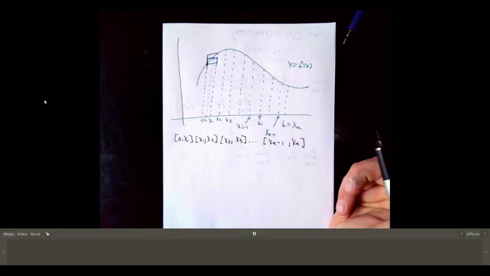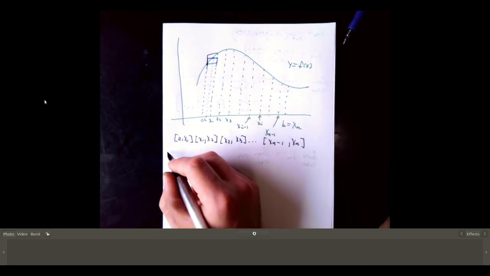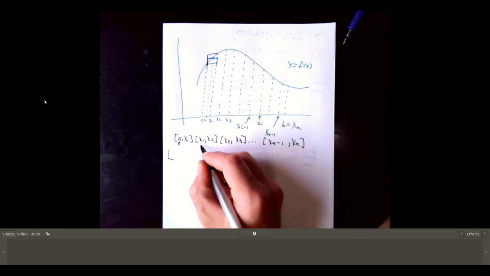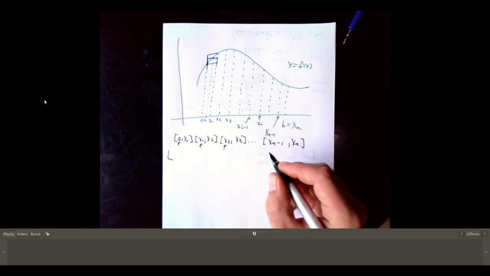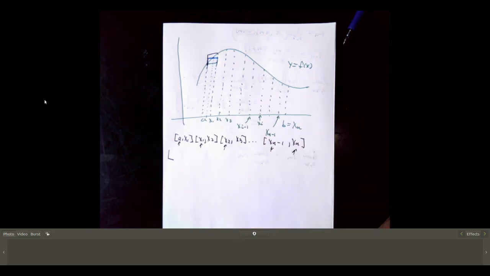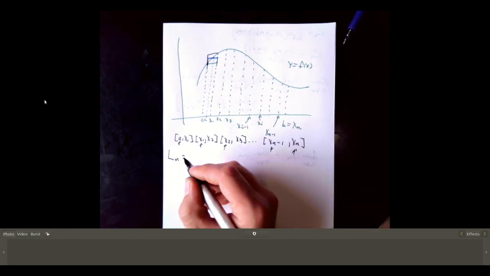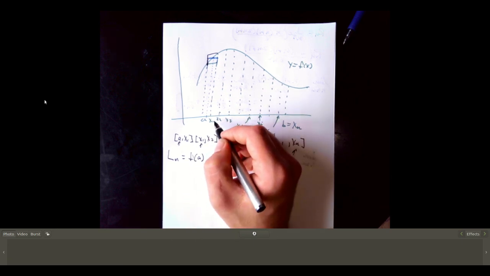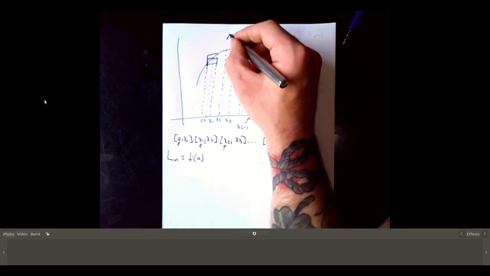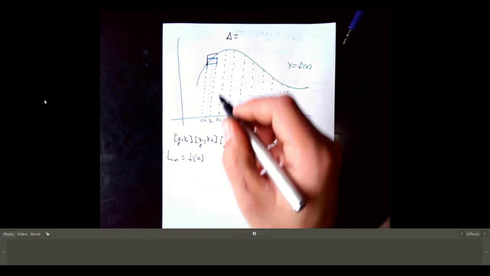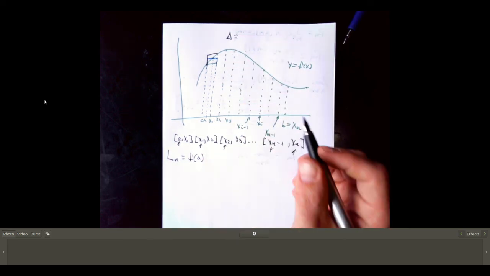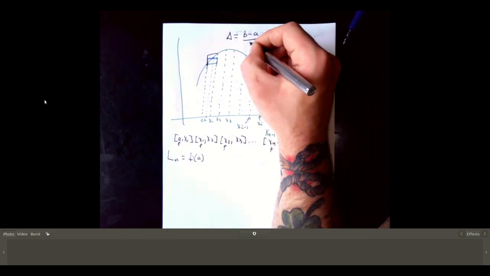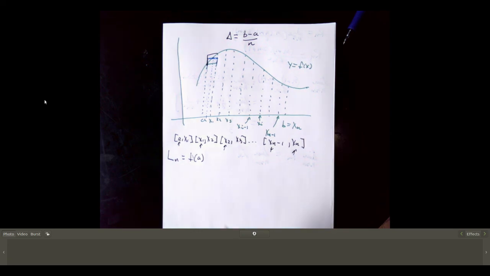So, for our left endpoints, we use the values on the left. Our left is going to be equal to f of a times our width. Well, all of these widths, delta x, and by width we just mean our change in x, is going to be our endpoint, or the difference in our endpoints, divided by n.